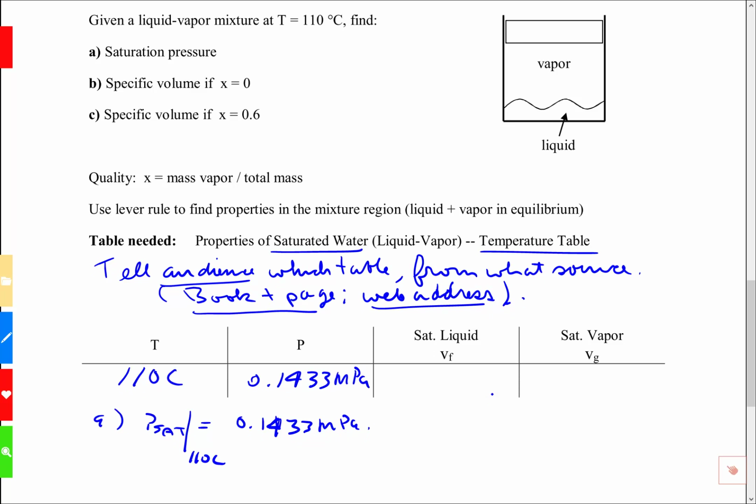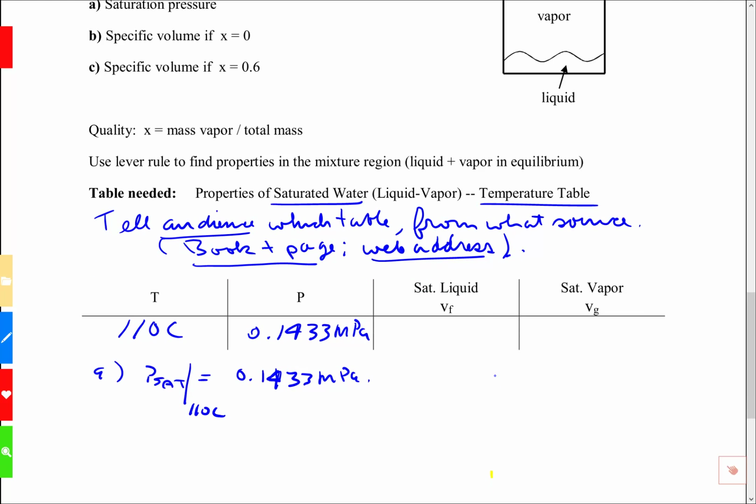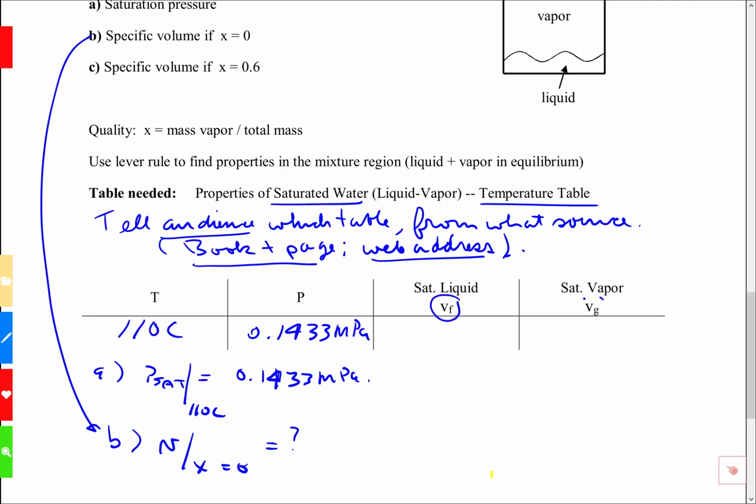All right, part B, what's the specific volume under the condition that x equals 0? And I've set up a little place here to write down our values. In the table we have a value for saturated liquid, V sub F, and a value for saturated vapor, V sub G. Let's go get those.